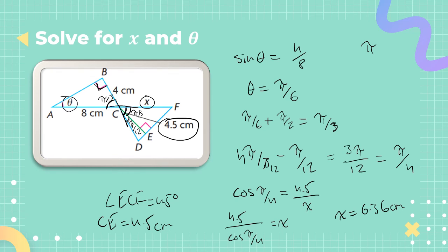And that is our final answer for X. And we had solved theta over here.